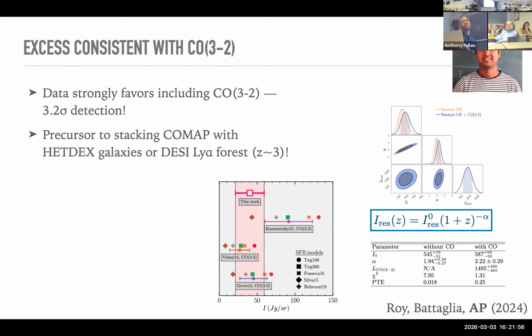This is definitely more consistent with the CO models. I haven't compared these directly, but since these are pretty consistent with these other models in the literature, and I think his models were also consistent with models in the literature, at least for CO, I would imagine it'll also be similar.